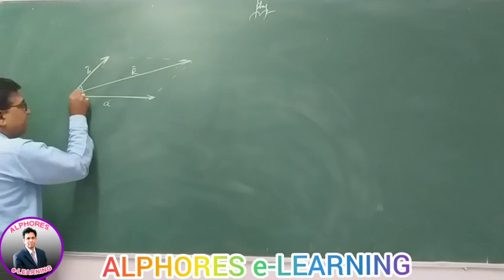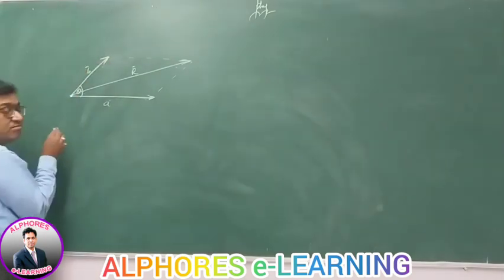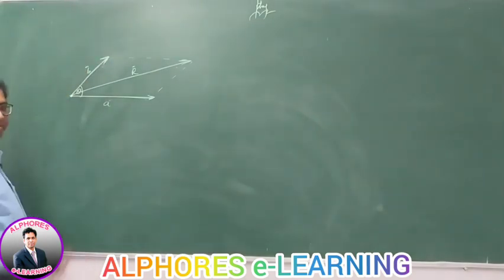Consider two vectors A bar and B bar represented as two adjacent sides of a parallelogram.